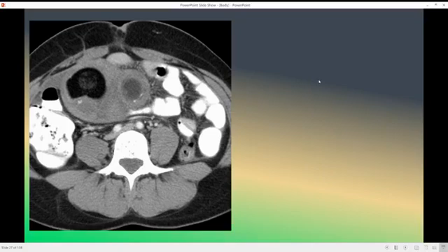What do you think this female patient has?